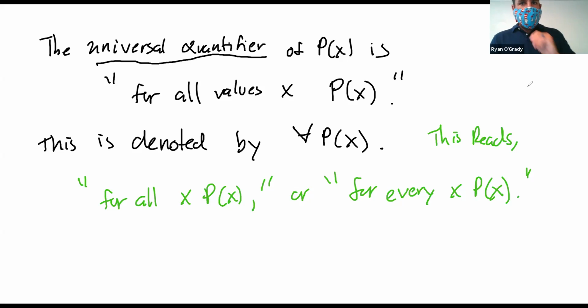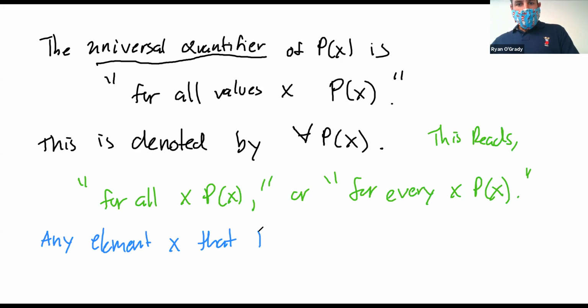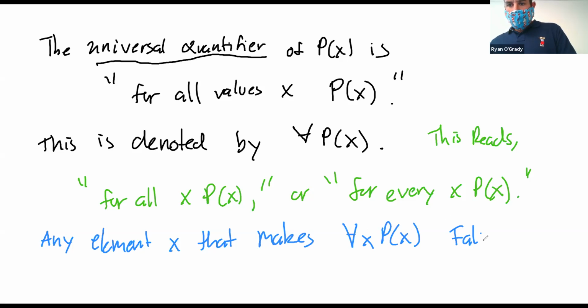Now here's a very important word that we're going to use oftentimes. Any element x that makes "for all x, P of x" false is called, creatively enough, a counterexample.